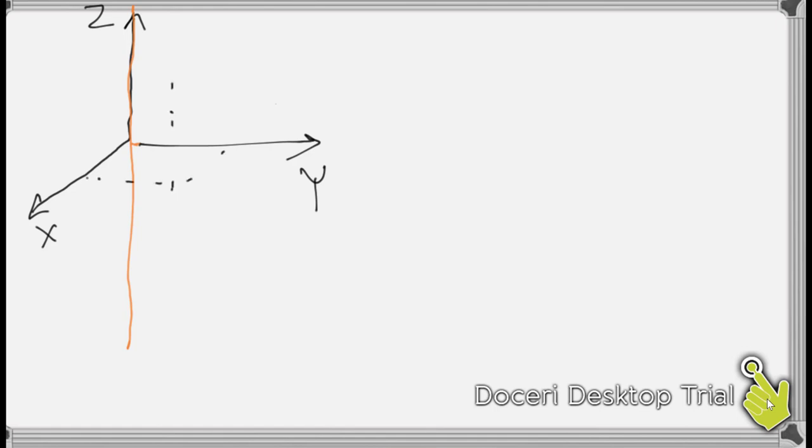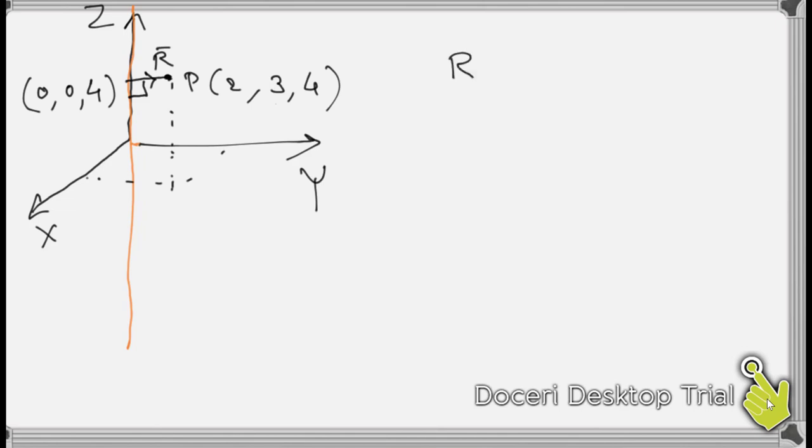So somewhere here the point P is situated, 2, 3, 4. Now the first thing in solving this example is to draw a perpendicular from point P onto the filament. So the filament is the z-axis, so we'll draw a perpendicular on the z-axis and find the foot of the perpendicular. On the z-axis, there is only a z value, no x value, no y value. So it is 0, 0, 4. We are going towards point P.